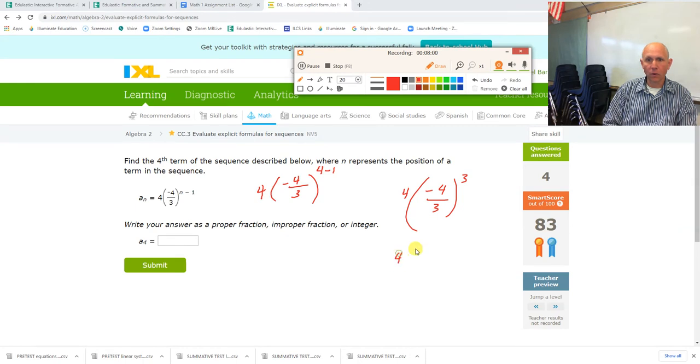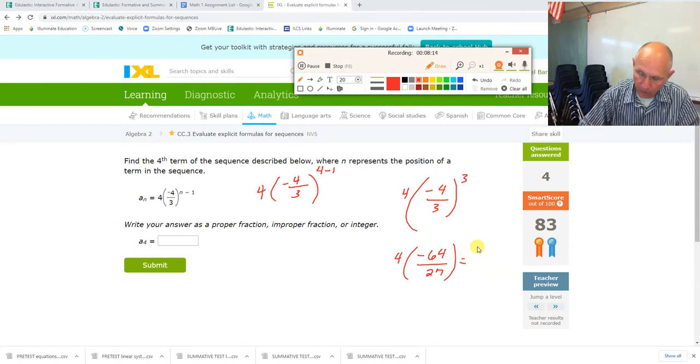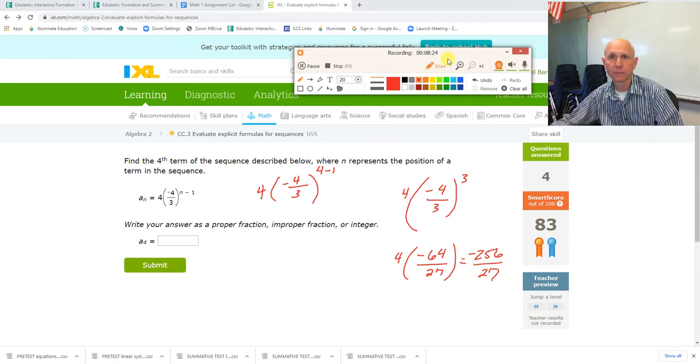This is going to be negative 64 over 27, right? Negative 4 to the 3rd, 3 to the 3rd, which is going to give me 4 times 64, should be negative 256. Negative 256 over 27. Let's see if that's right.